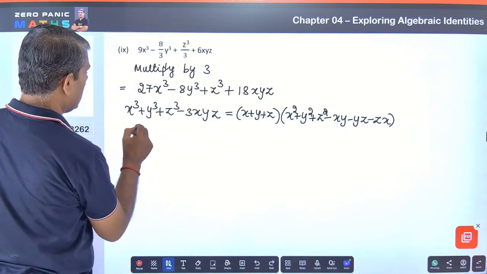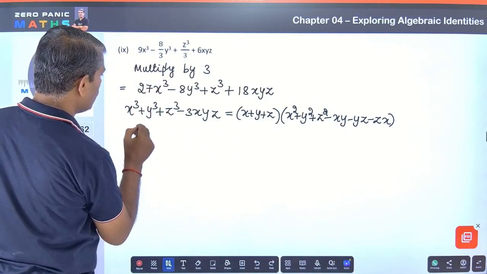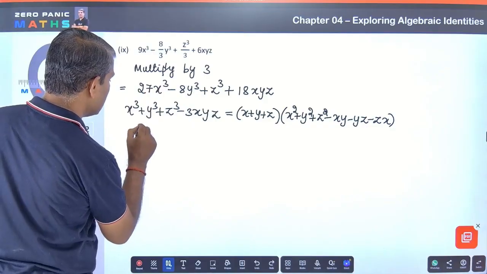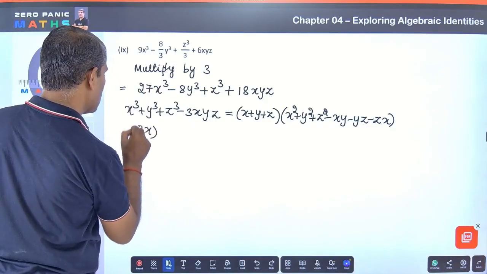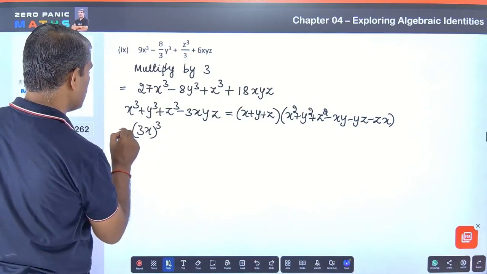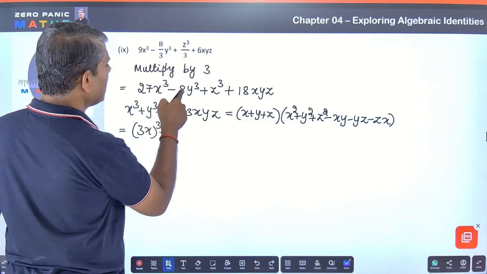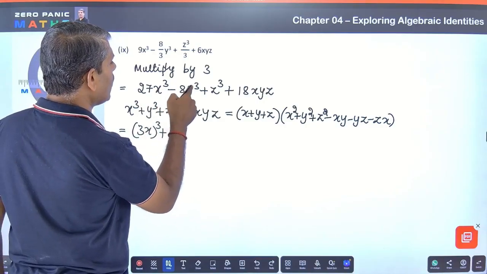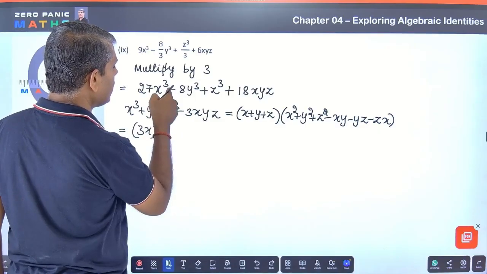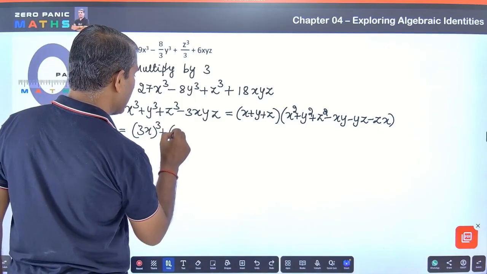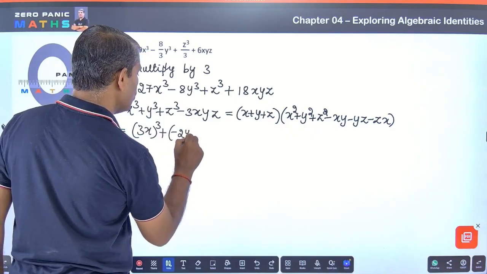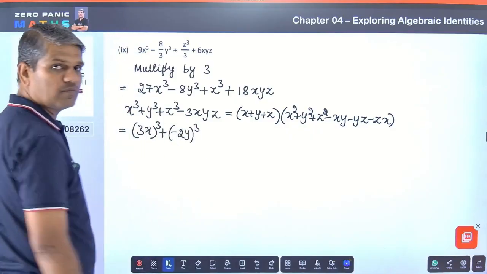I will write 27x cube, listen to me carefully, as 3x whole cube. That will be x cube for me. Then y cube. See, here it is 8y cube, but with minus sign. So I will write this as minus 2y whole cube. You're getting my point?